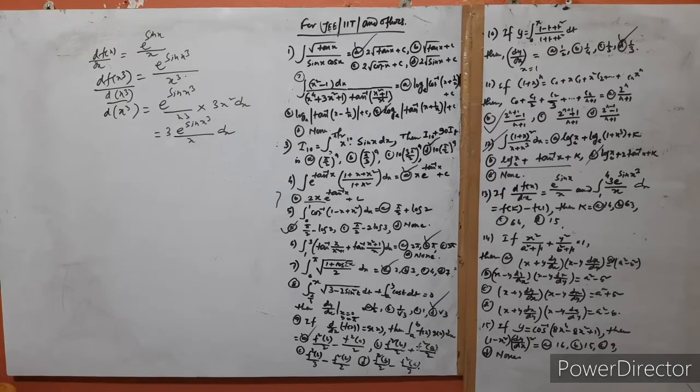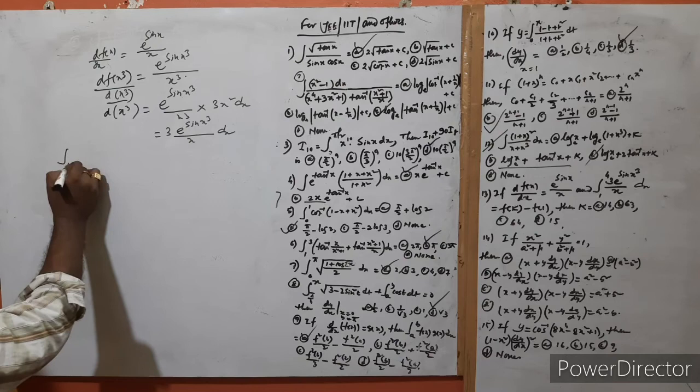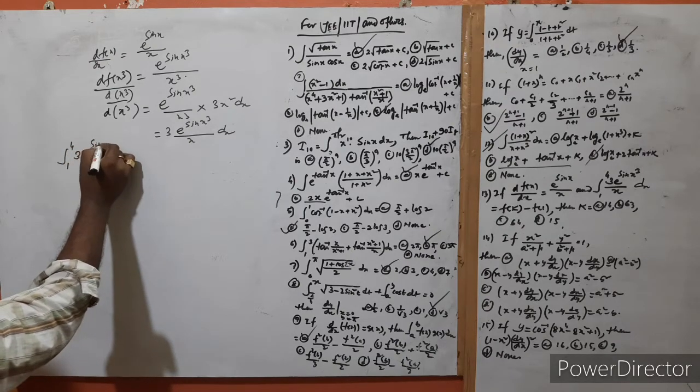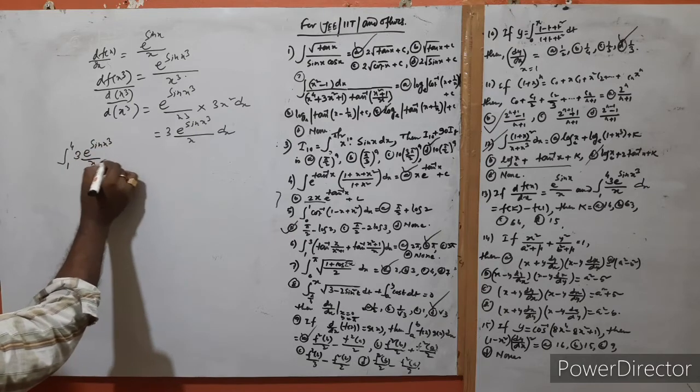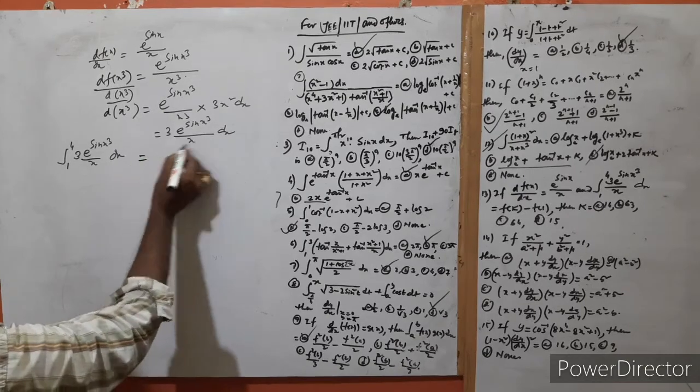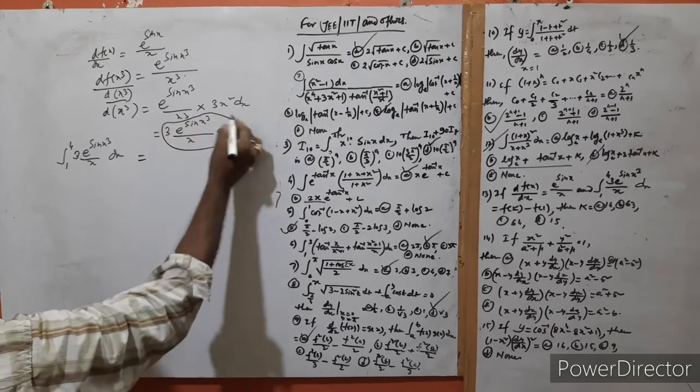So for that, this is 1 to 4, 3 into e to the power sin x cube by x and dx, and we can write it here, and this is the formation of that.